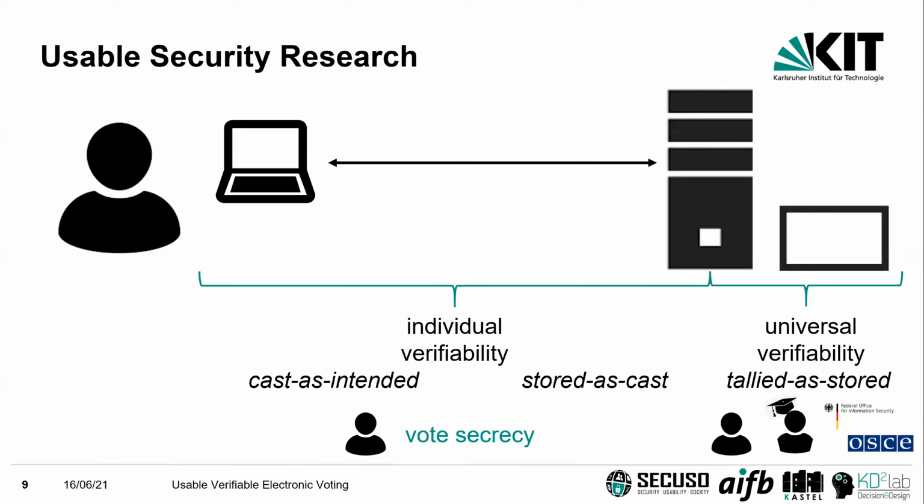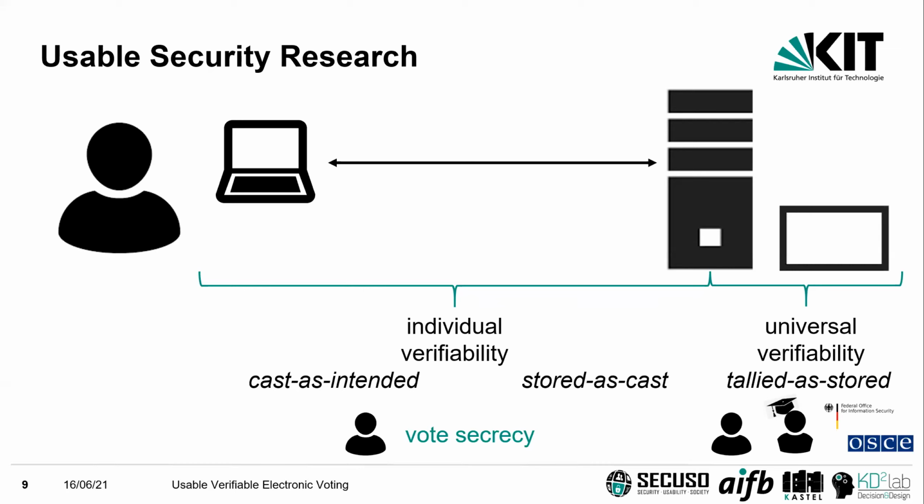So for our research on usable security, it is important to understand what has to be usable, because it's a voter. So the one that is not a security expert or an election expert has to conduct it.